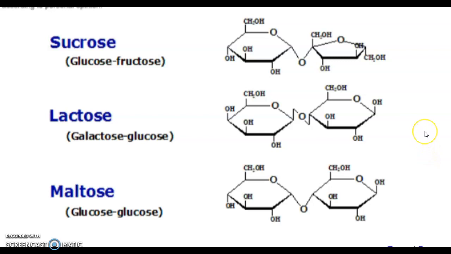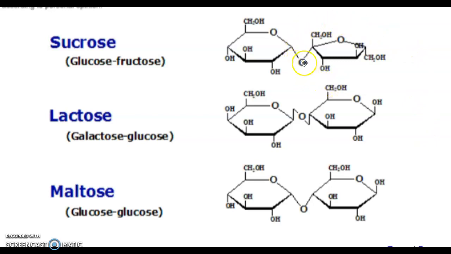Now, the reverse process can play out. If we had a long polymer, like of sucrose, table sugar, if you will, and we were looking to dissolve that, to break that down, the opposite process can occur by adding water to the mix.